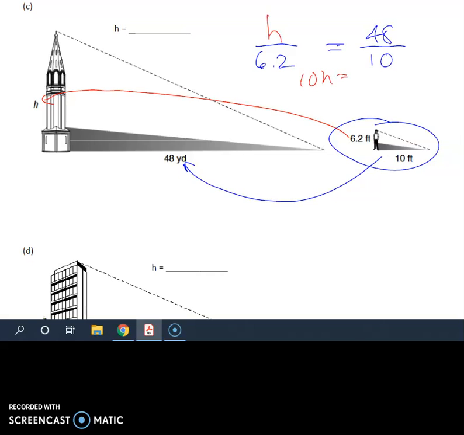So 10h is equal to 6.2 times 48. So 10h is going to equal 297.6, and then we divide both sides by 10, and we end up with 29.76 yards.